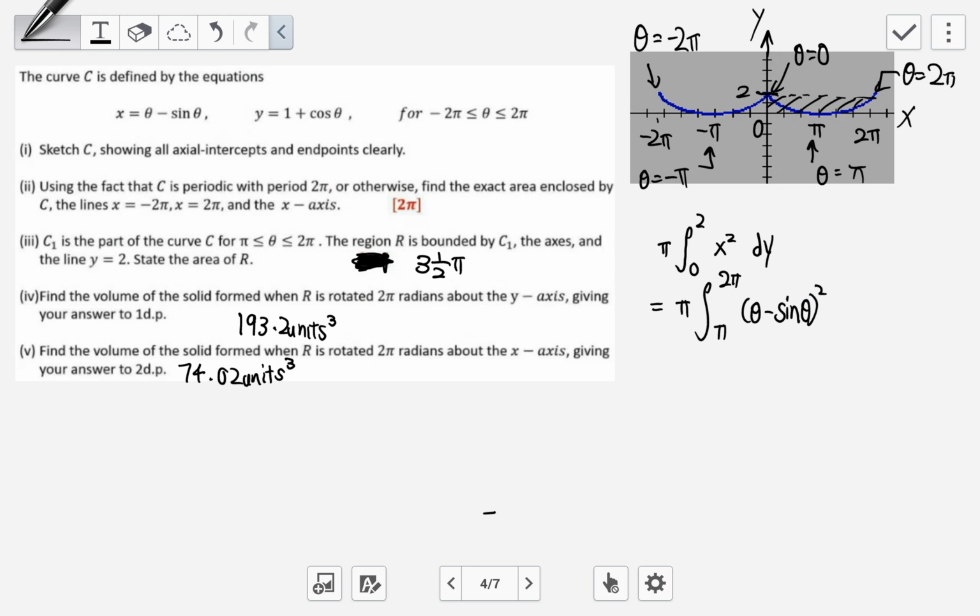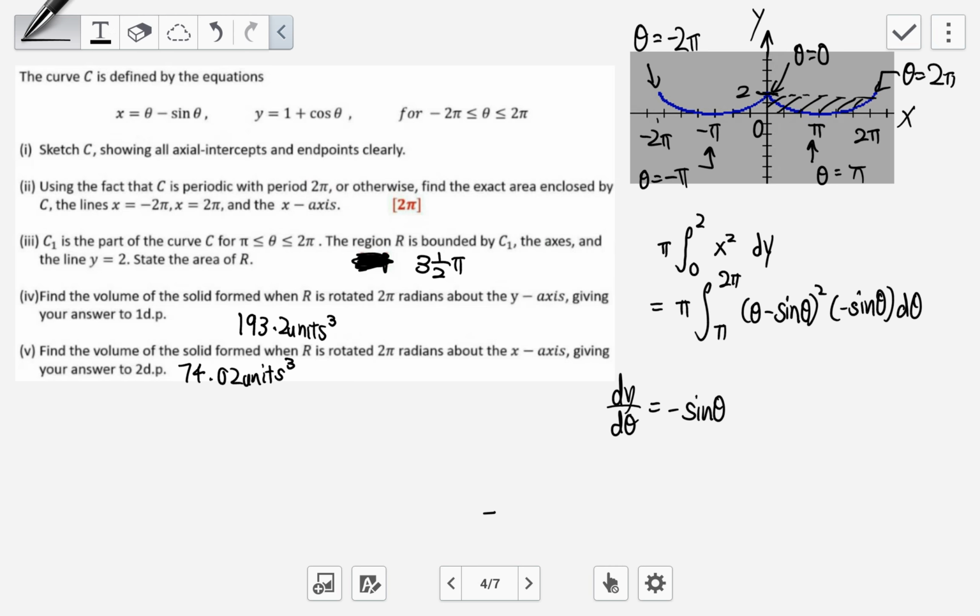And my dy, like just now, dy d theta is equals to minus sine theta. That means I must multiply minus sine theta d theta to replace my dy. Now everything is in terms of theta.